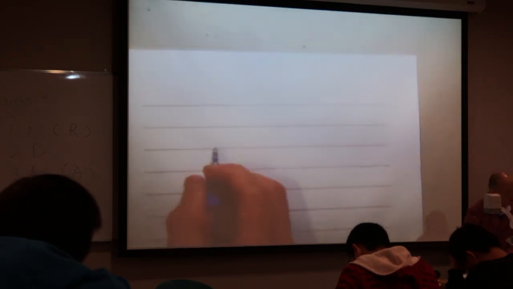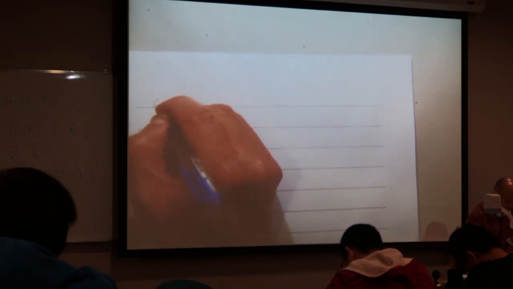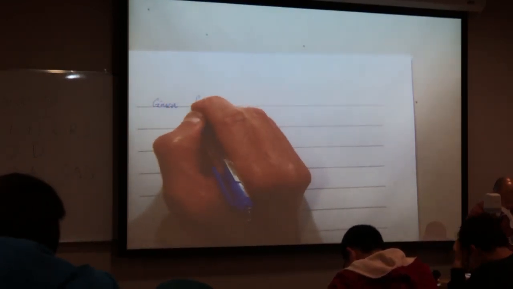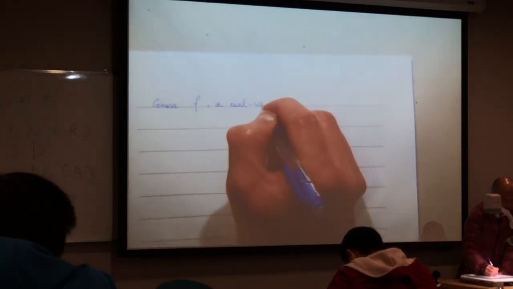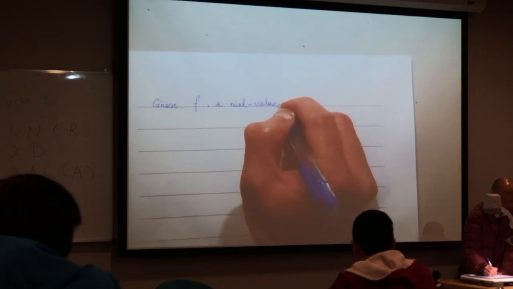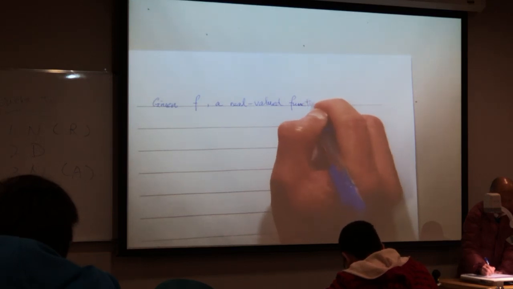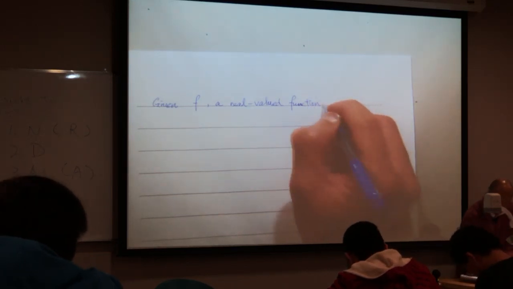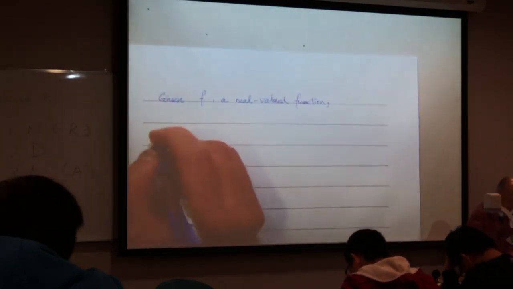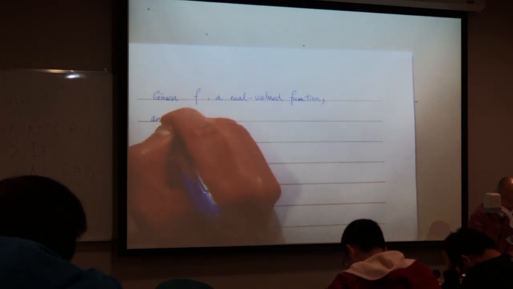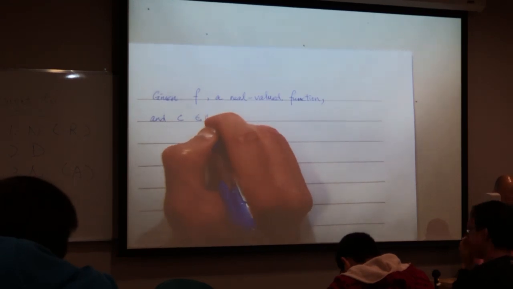Now, suppose there is a function. Of course, we are talking about limit of a function. So f, a real valued function, as what we do in the tutorial questions. Real valued function means both its domain and codomain are the set of real numbers. f, a real valued function given, and a scalar c in the set of real numbers.